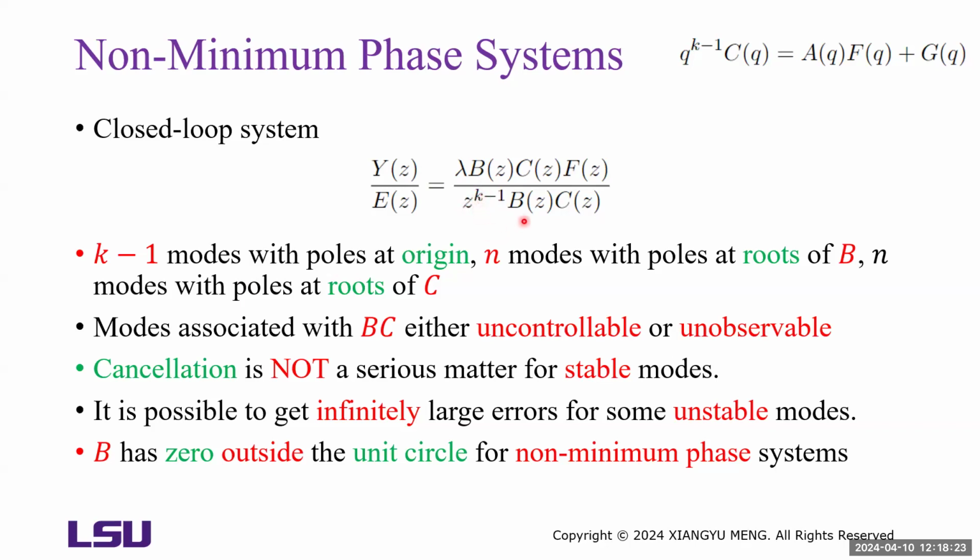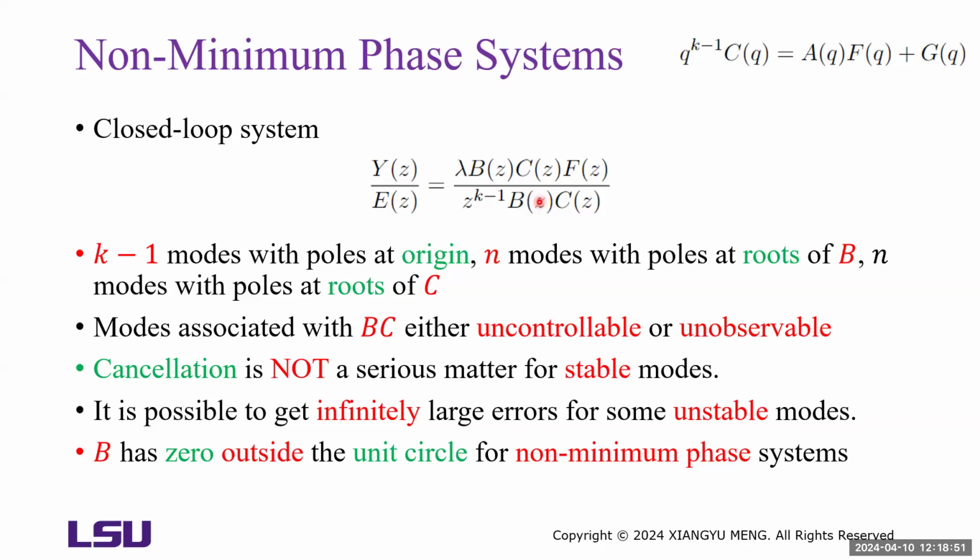So we have n modes with the poles at the roots of B, and we have n modes with poles at the roots of C. The factor BC cancels in the transfer function.